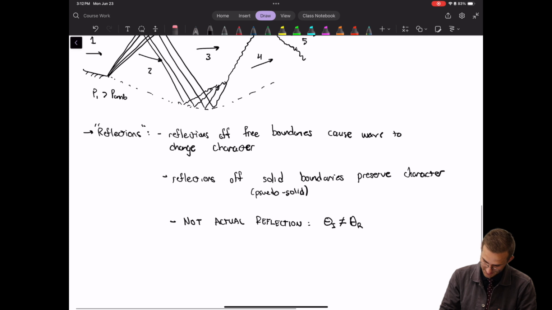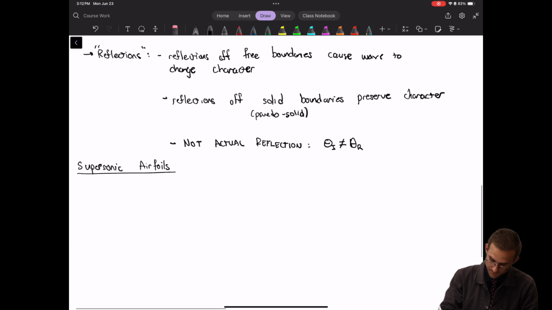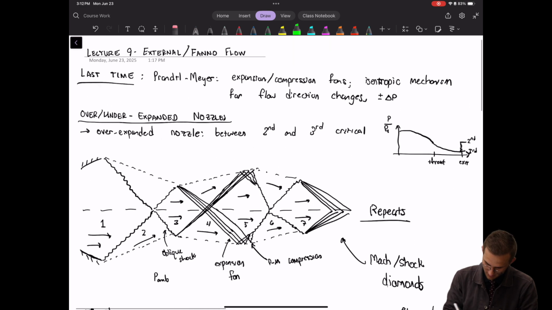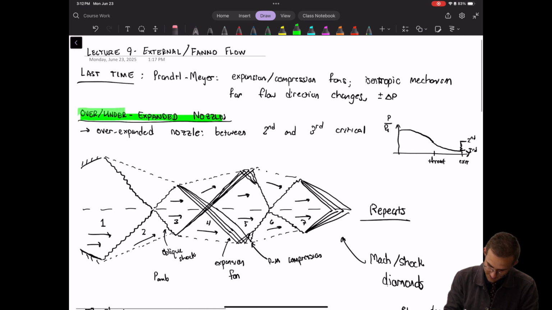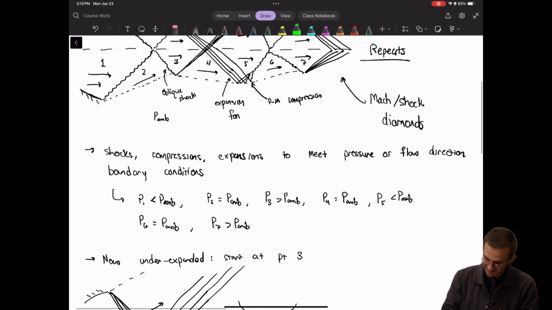The next section that we want to talk about is supersonic airfoils. You know what? I should have highlighted that as its own section.